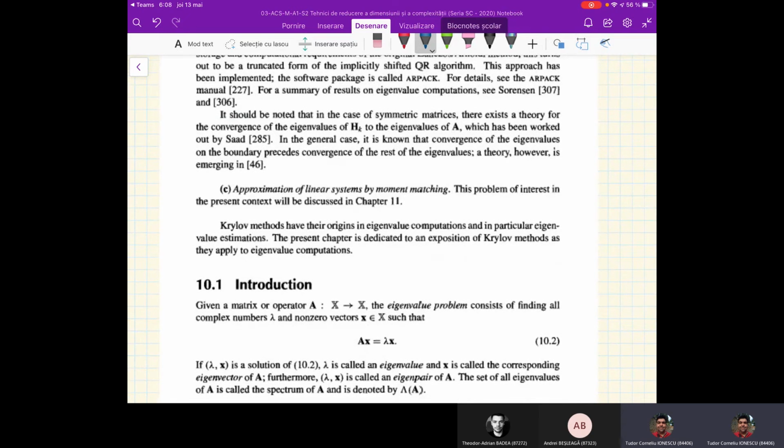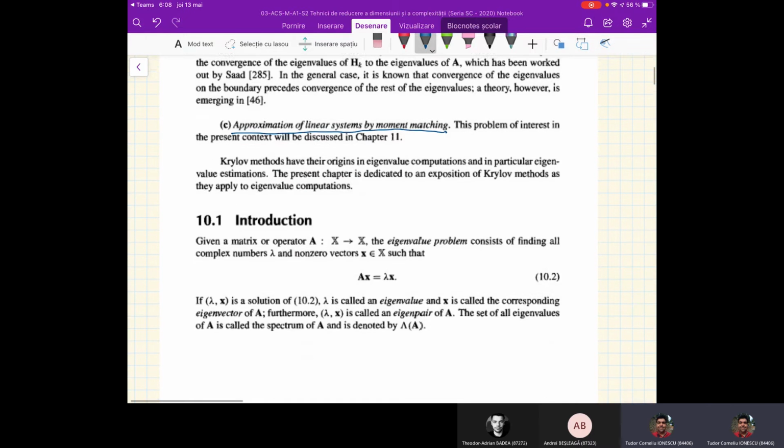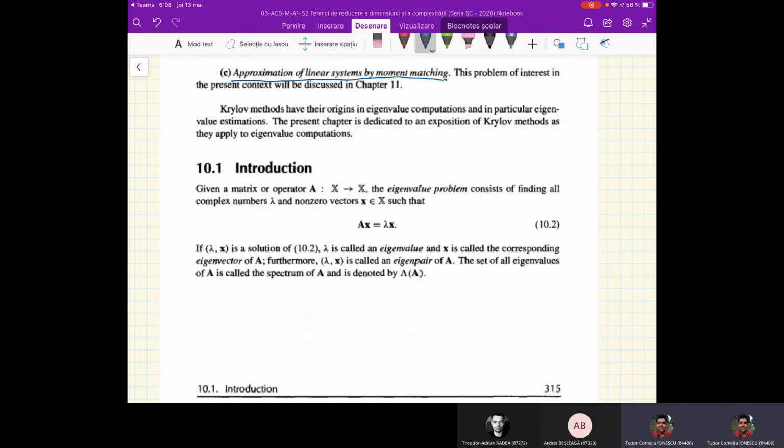And finally, the last one is the approximation of linear systems through moment matching, which is in chapter 11 of the book. Okay, this is from the Antoulas book. So now they present the iterative and the nice features of the numerical algorithms, and then it's applied algebraically, so to speak, to linear systems.